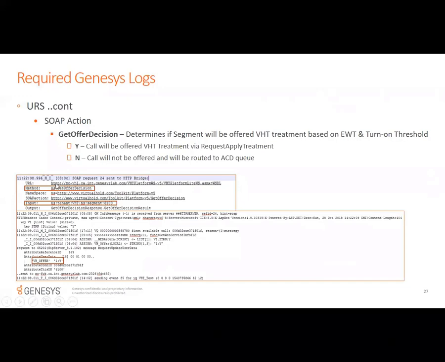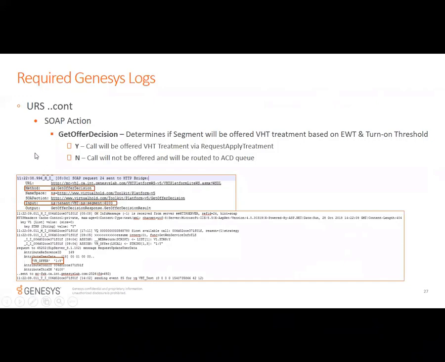You can see the URL where URS is sending that request to the platform toolkit. Under input, you can see the tenant name, which is the site name for Virtual Hold, VHT, and then the segment name, which is the incoming extension that the call has, used to determine whether or not that call can be offered Virtual Hold.